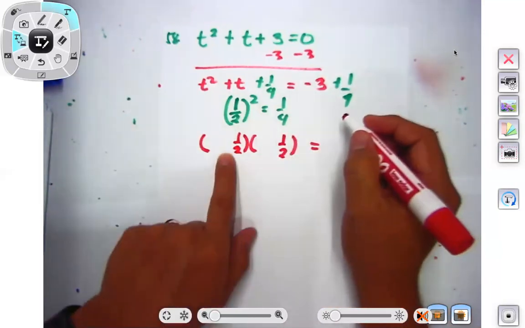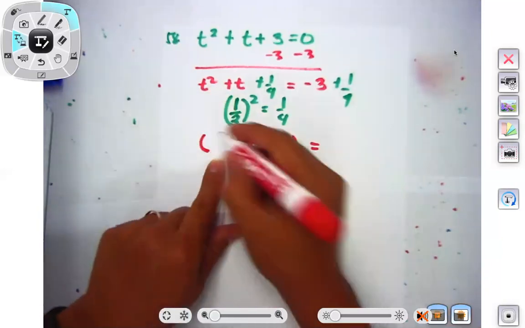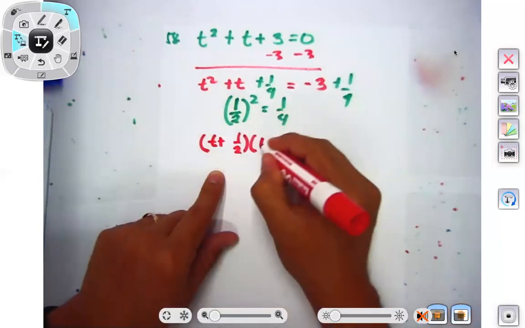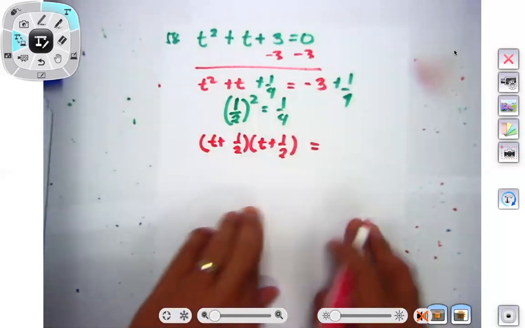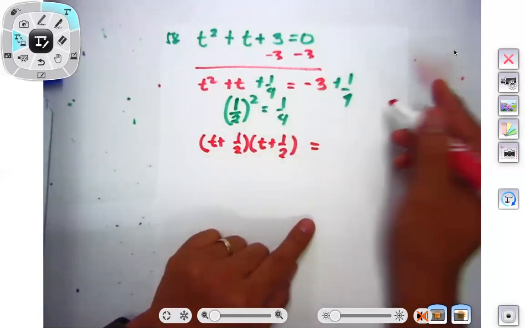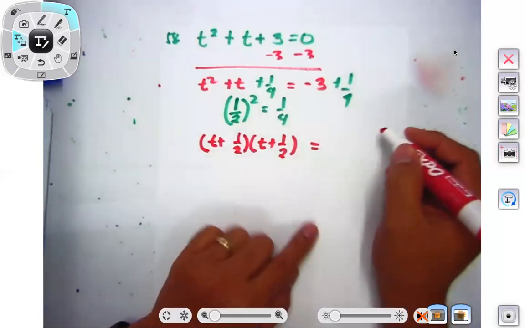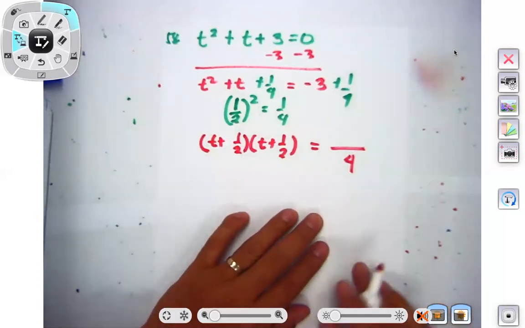What do you think is the sign? Yeah, that's t plus 1/2, t plus 1/2, right? Equals, well, we now add this: -3 plus 1/4. What's your LCD here? 4, right?